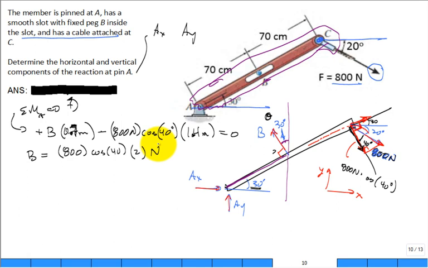Very good. Okay. Now we're really ready to do the sum of the forces in the x equal to 0. And again, I agree, you could probably do a sloped x, but let's just stay with our traditional x. Okay. So we're going to have A sub x. In the positive x, we'll have negative B times, what is that going to be?